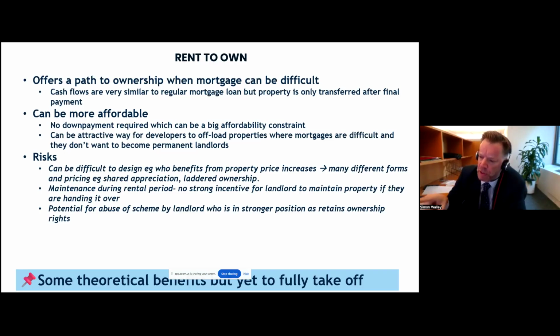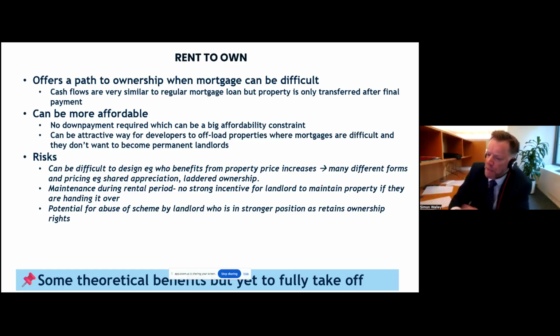And then the last point is the need for a strong regulatory framework around this, or you can end up in a situation where, until you've made the last payment, you don't have the right on the property, and you could end up in situations where the owner keeps the property and doesn't hand it over if there's been any default.